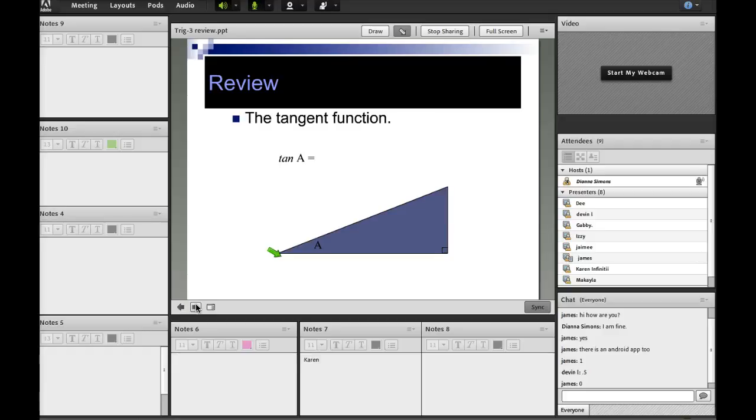Obviously, we don't have an angle. Type it, let's go. SOHCAHTOA. Opposite over adjacent. Yeah. Adjacent, that's A. And that would go in the denominator.